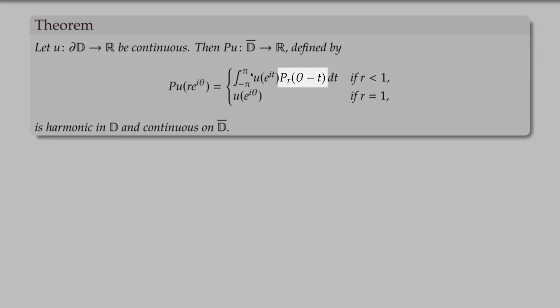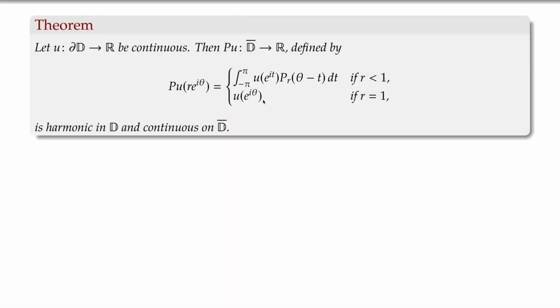And so we're averaging u around e to the i theta over a smaller piece, and we expect that as r goes to 1, we get u. This would be true for any approximate delta function, but this one actually gives us a harmonic function inside.